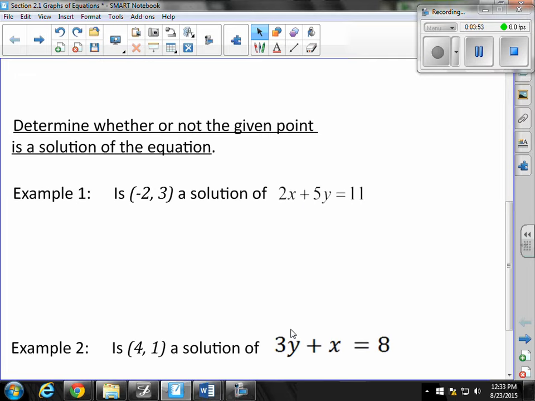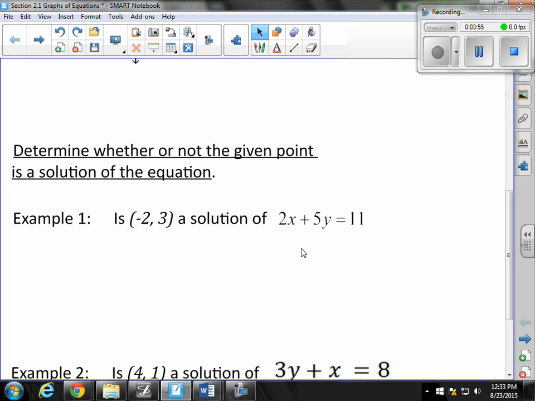The next thing we're going to do is determine whether or not a given point is a solution of an equation. In this example, I'm asked, is (-2, 3) a solution of 2x + 5y = 11? My points have an x and a y coordinate. In my equation, where I have x, I'm going to plug in -2, and where I have y, I'm going to substitute in a 3.